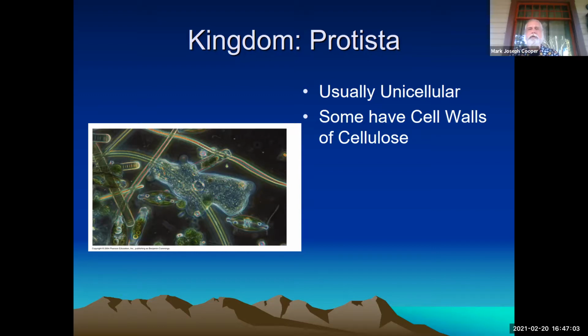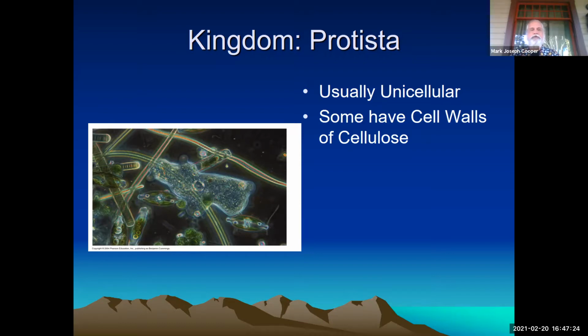We're not going to go there. In Bio 2, we talk about it, but what I do want you to understand is most of them are unicellular, although there are some that are very large and multicellular. Brown algae, kelp would be in this grouping. But if they do have cell walls, they have cell walls of cellulose, very similar to plants.